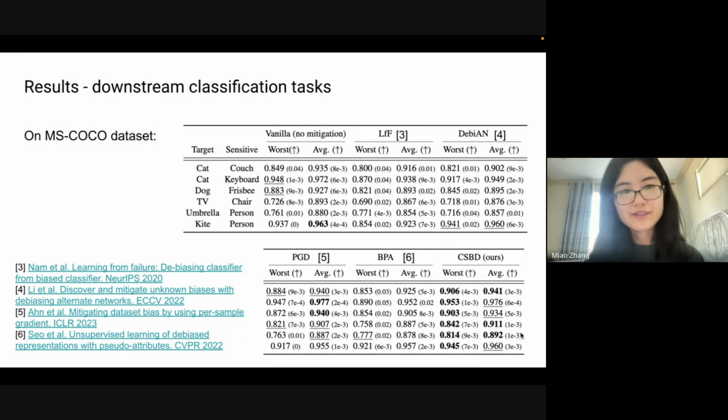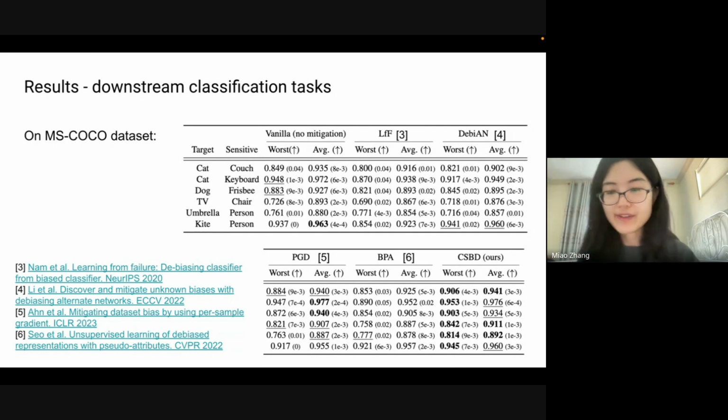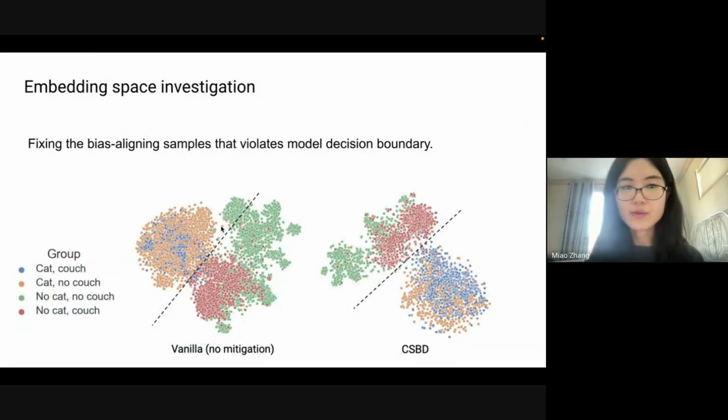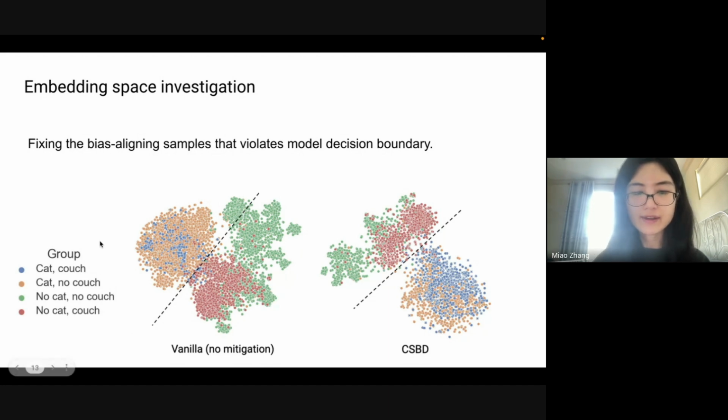To investigate the reason behind that more deeply, we perform another embedding space investigation. We draw the t-SNE for samples of the last fully connected layer for the cat classifier.